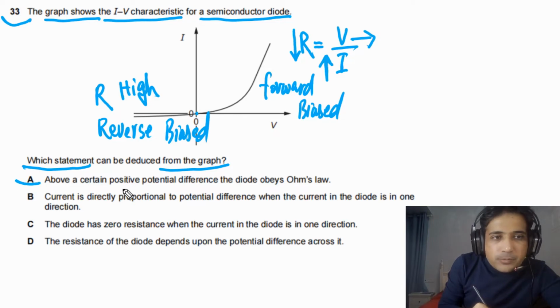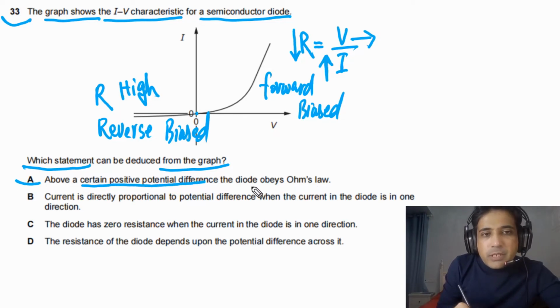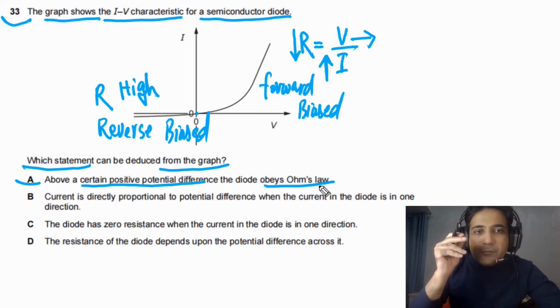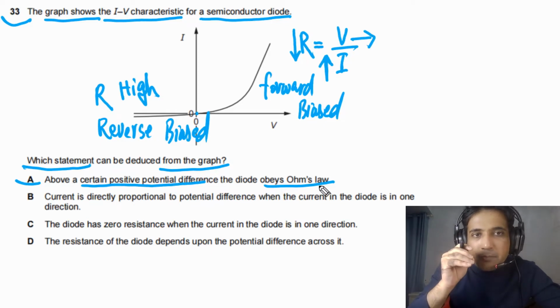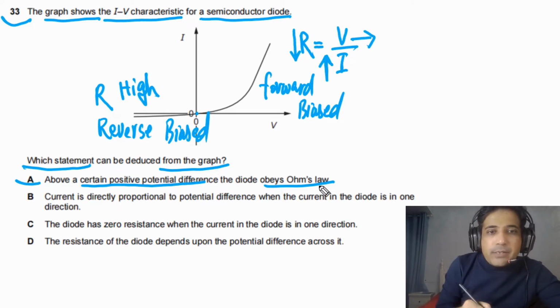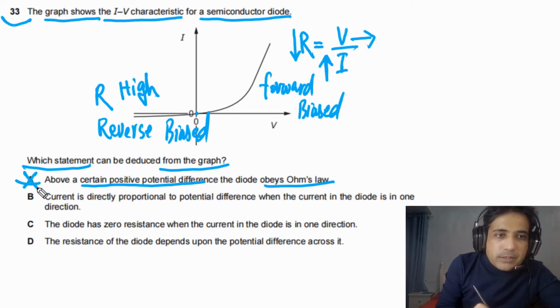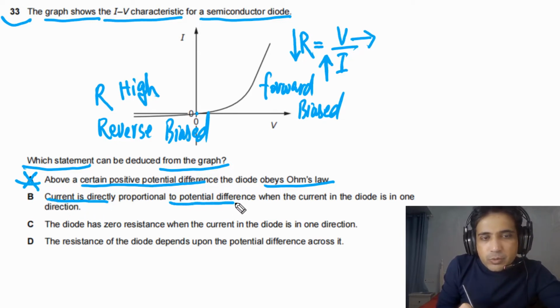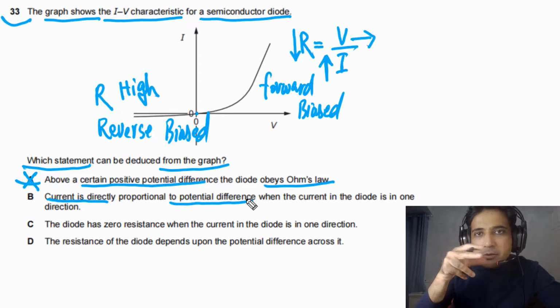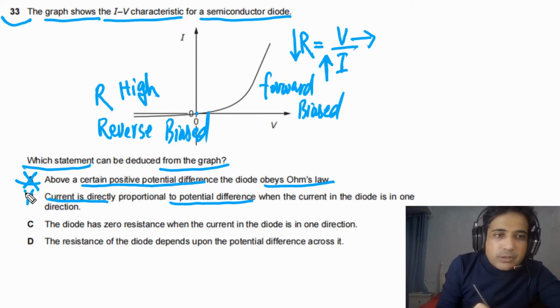If you look at option A, it is given to us above a certain positive potential difference, the diode obeys Ohm's law. This is incorrect. If this diode obeyed Ohm's law, then V and I have to be directly proportional. So this one is incorrect. Option B, current is directly proportional to potential difference. This is also a statement of Ohm's law, so this is also incorrect.